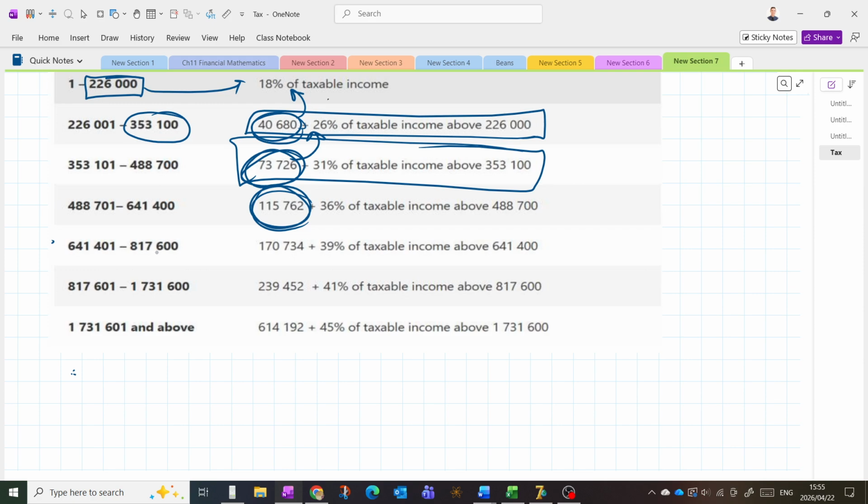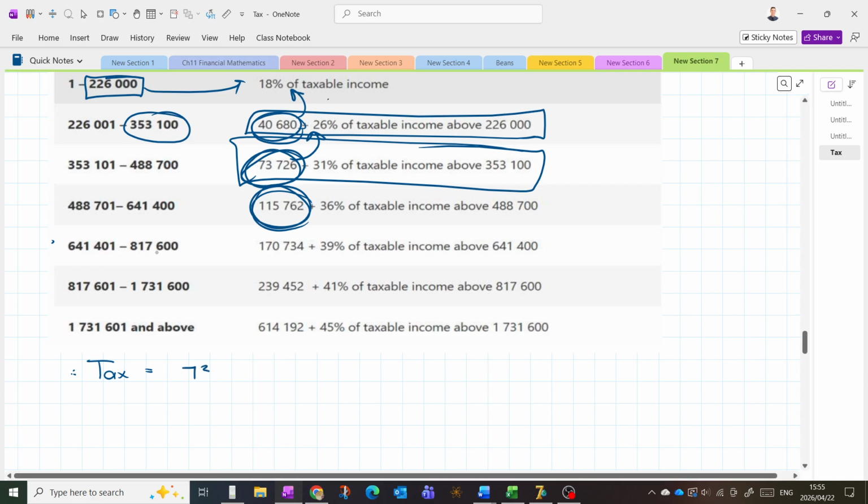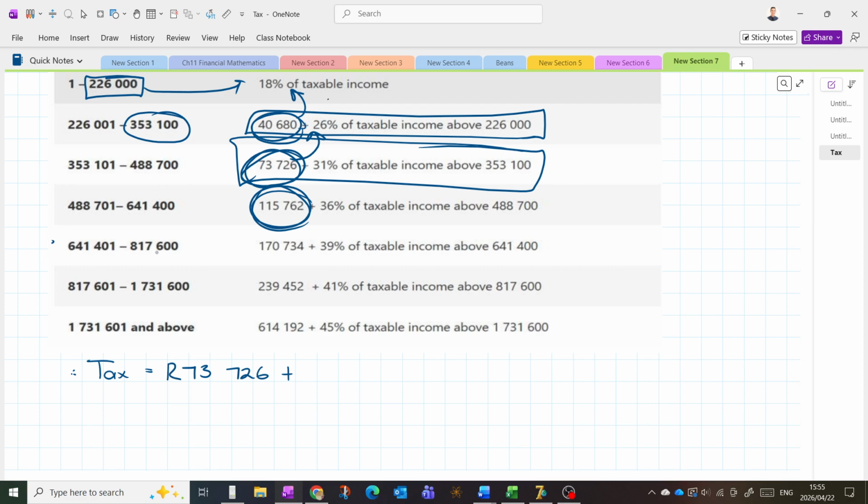So all I'm going to do is tax. The third bracket is 73,726 Rand plus 31% of everything over 488,700 Rand, and they're going to use this top end here.